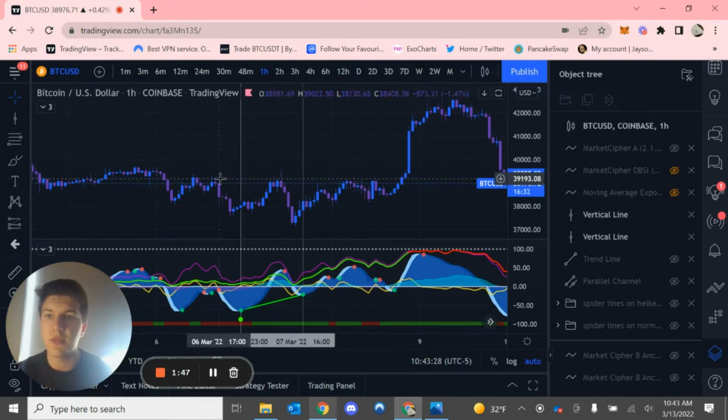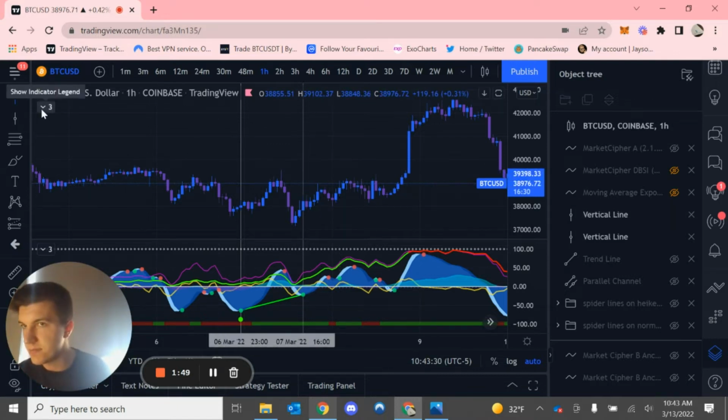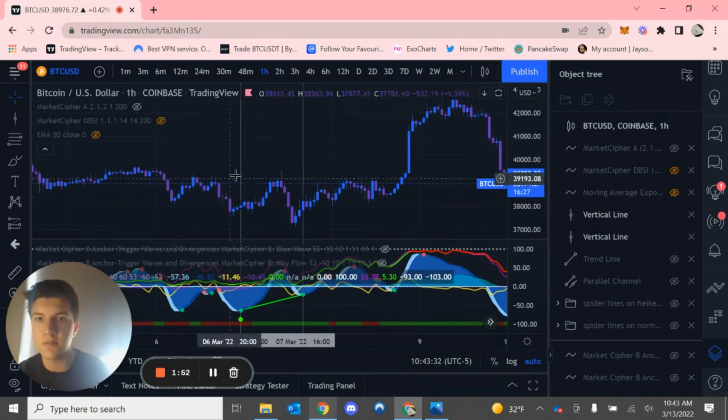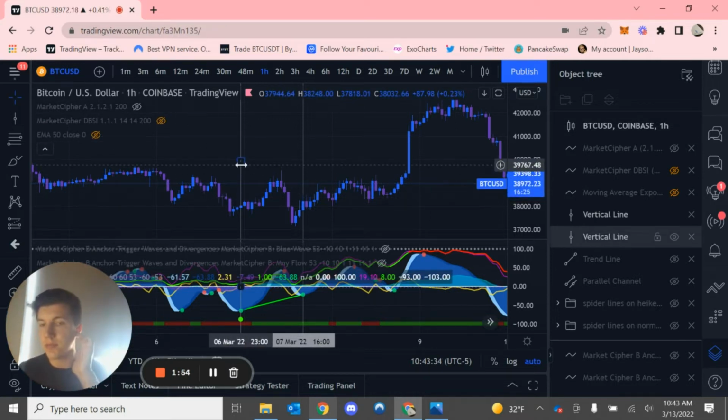And so with this, I go to my drop down, show indicator legend. I hover over where the divergence was beginning, and I read the money flow value. In this case, it's the purple. So it was reading a value of negative 7.49.